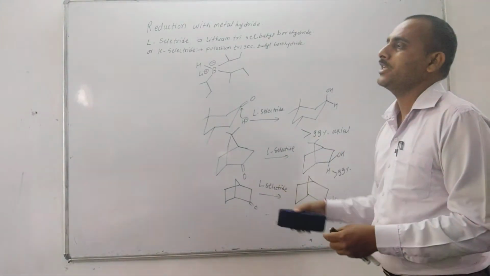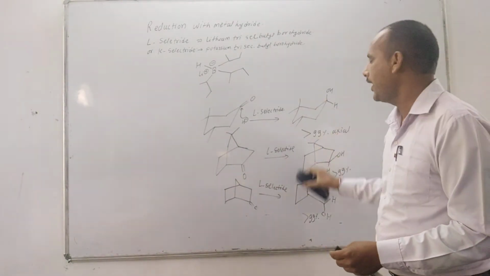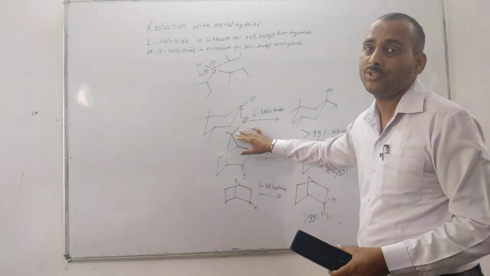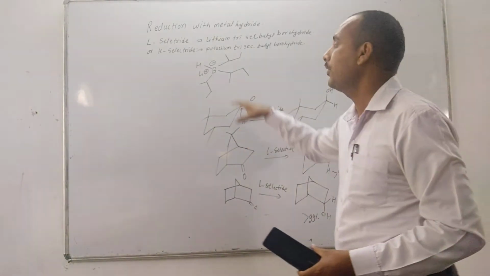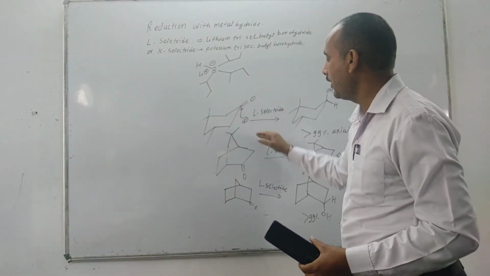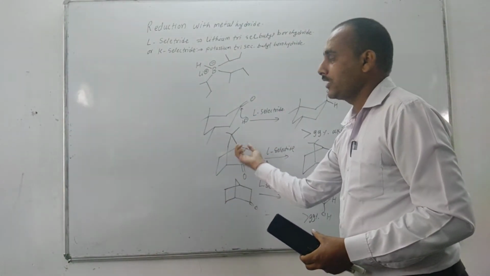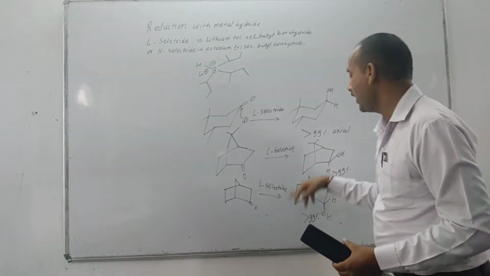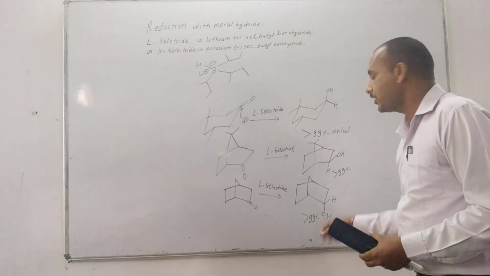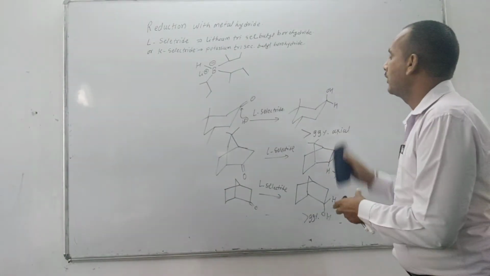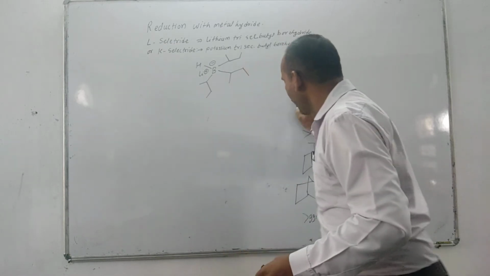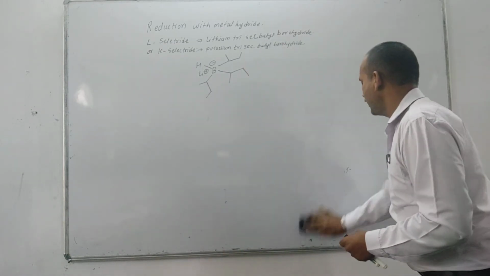If there is steric hindrance, then stereoselective attack of hydride from L-Selectride takes place from the endo face, and if there is no steric hindrance, then the hydride attacks from the exo face, and there is formation of endo OH or exo OH. So let's see more examples using K-Selectride or L-Selectride.